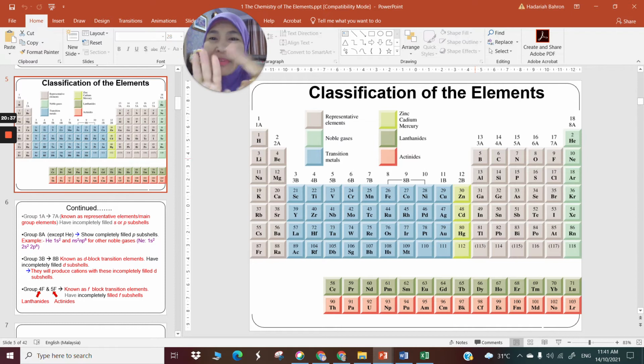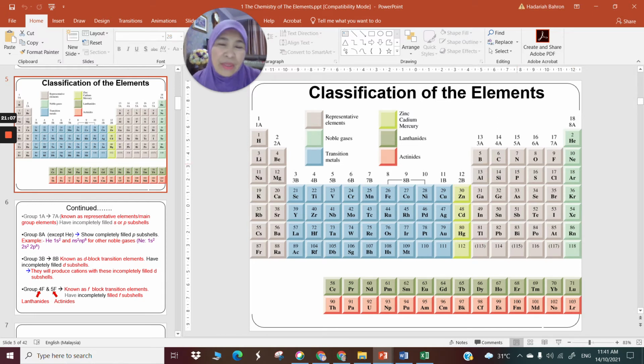After all of them are full with single electrons, then they start to pair up to make a pair of electrons with the opposite spin. So oxygen, with electron number 8, will have electron number 8 pairing up with electron number 5 in px, and then number 9 pairing up with number 6, and electron number 10 will pair up with electron number 7.